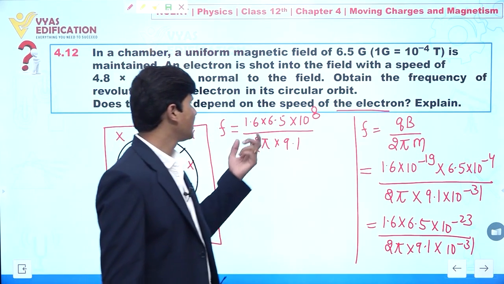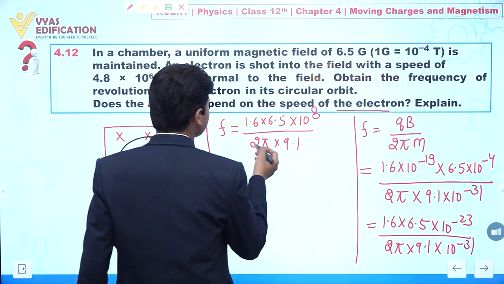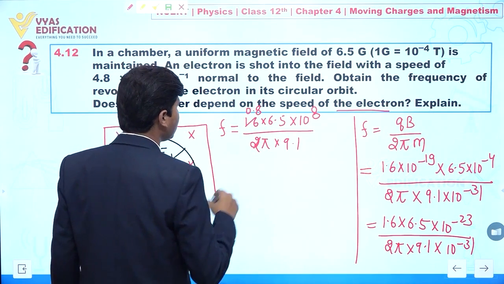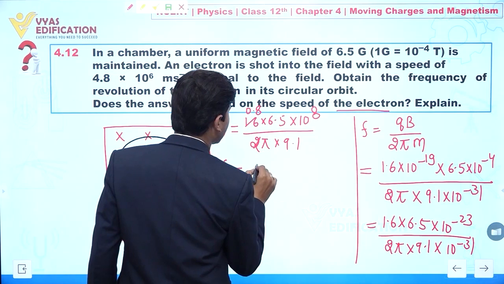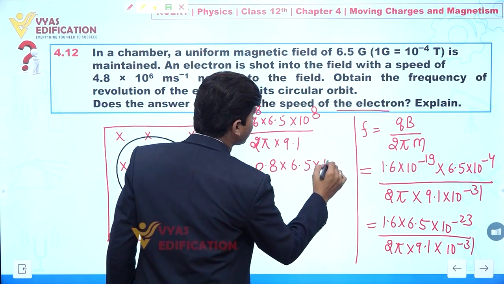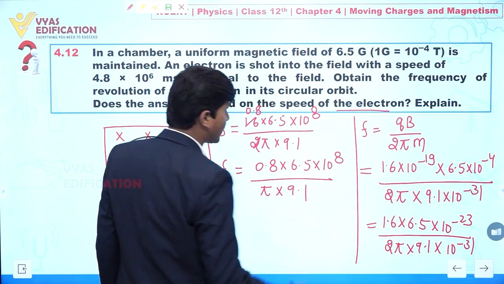Now here we have 1.6, so let's suppose this is 0.8, clear everyone. So f is given by 0.8 into 6.5 into 10 to the power 8 divided by pi multiplied by 9.1, clear.